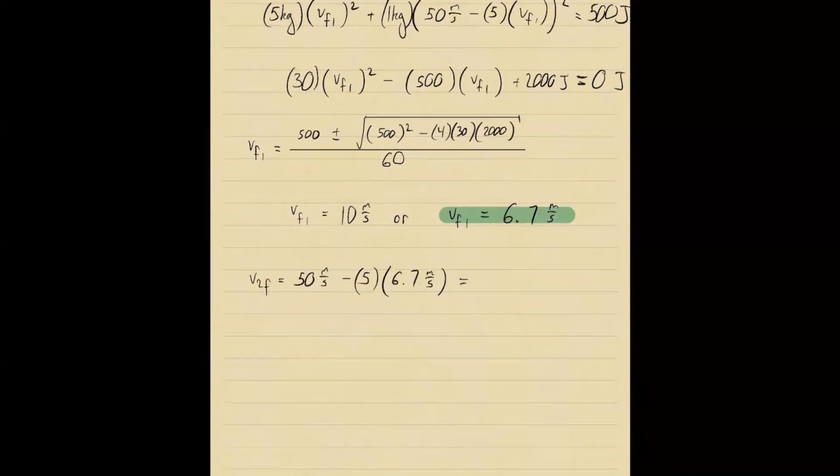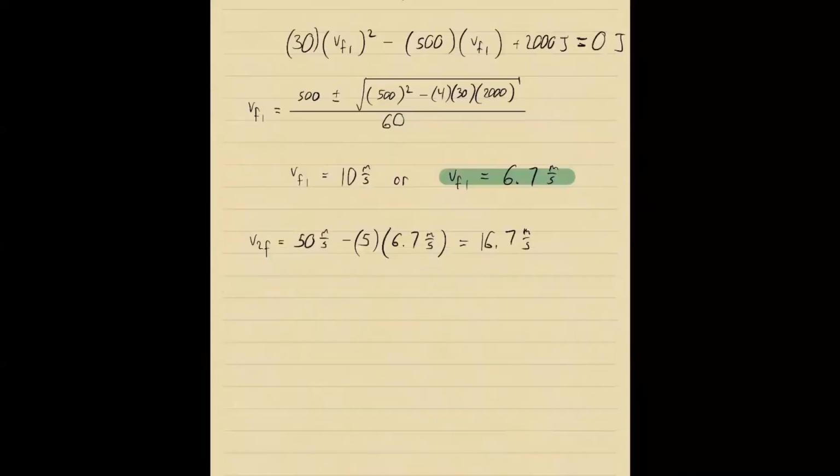This is going to give us 16.7 meters per second for the second ball. So the final velocity of the second ball is just 16.7 meters per second.